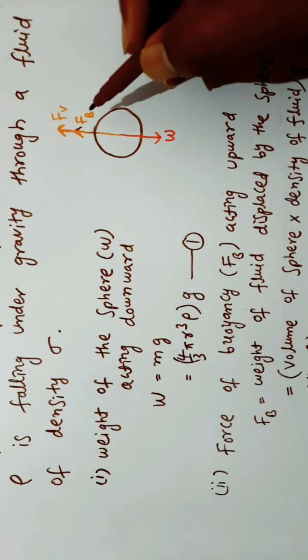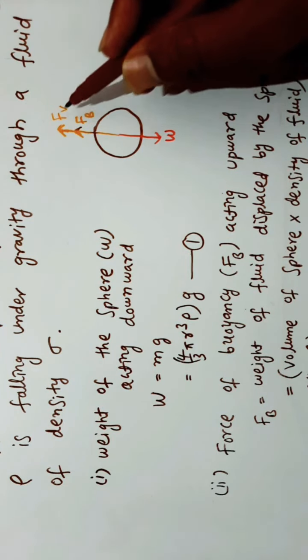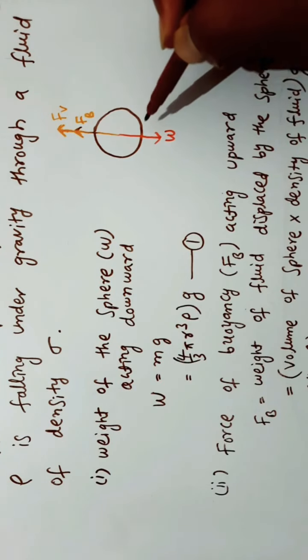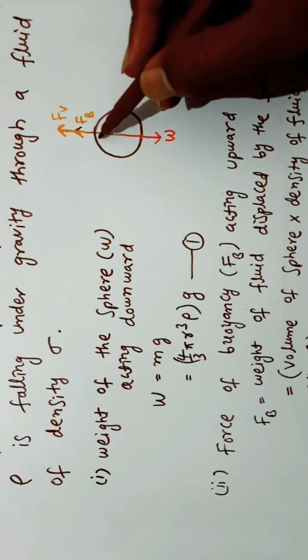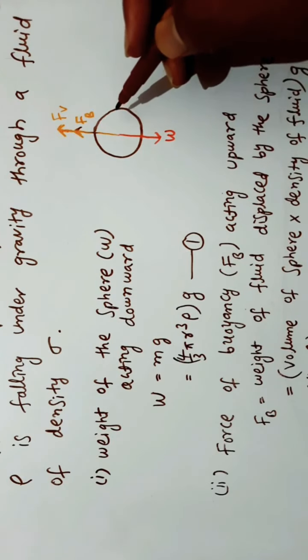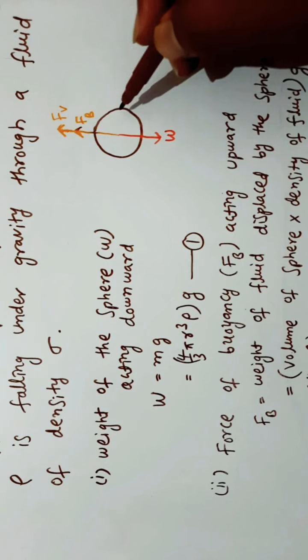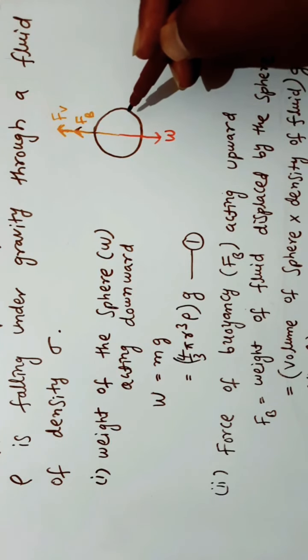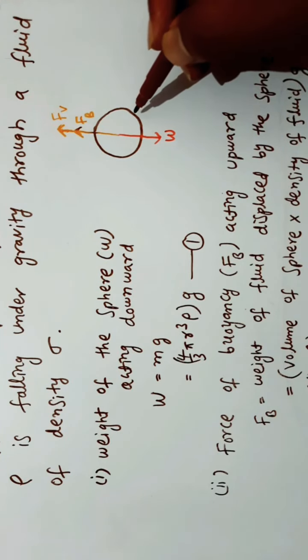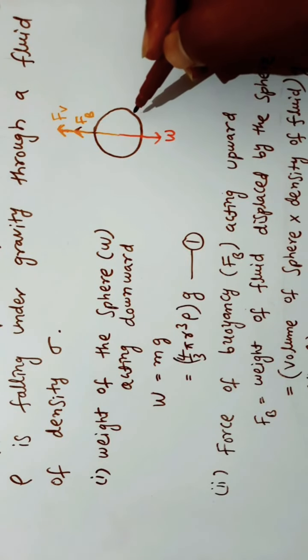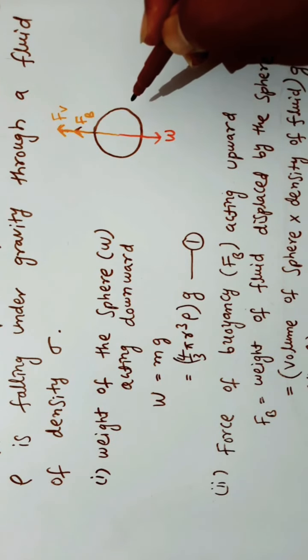Finally, when Fv plus Fb becomes equal to W, the net force on the raindrop becomes 0. So the net force on the raindrop becomes 0, which means the acceleration of the raindrop is 0. From this we can say the velocity of the raindrop is constant. This velocity is known as terminal velocity.